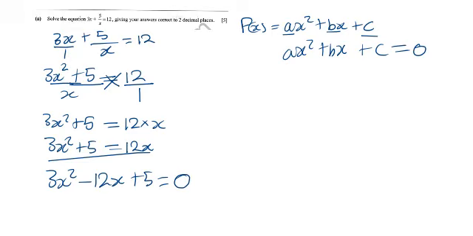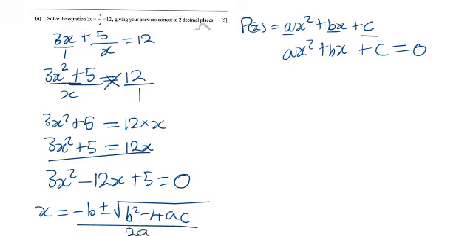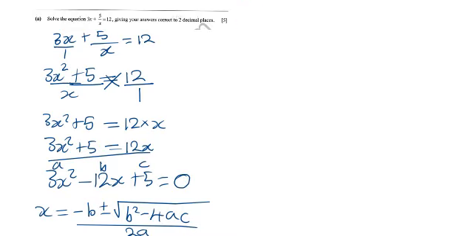This is where we can use our formula x equals negative b plus or minus the root of b squared minus 4ac, everything divided by 2a. Now remember, our a is this one, our b is negative 12, and our c is 5 there.